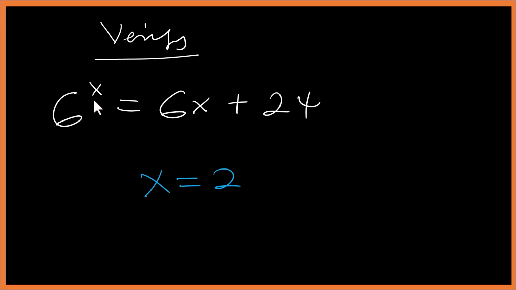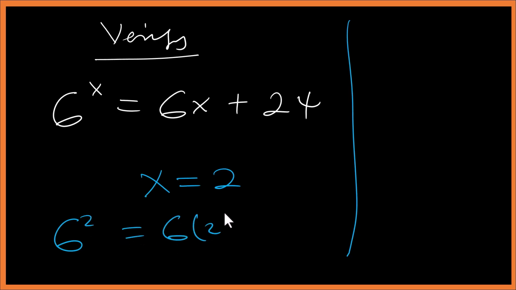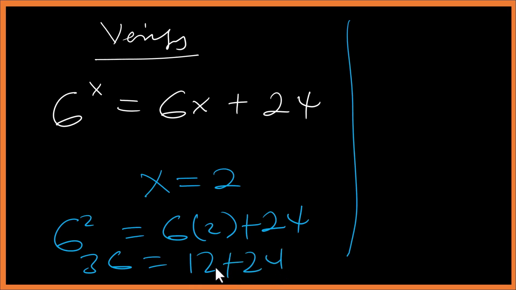So let's plug in 2 here. That will be 6 squared equals 6 times 2 plus 24. So 6 squared is 36. 6 times 2 is 12, plus 24. 24 plus 12 is also 36. Therefore, 36 equals 36. Hence, proved.